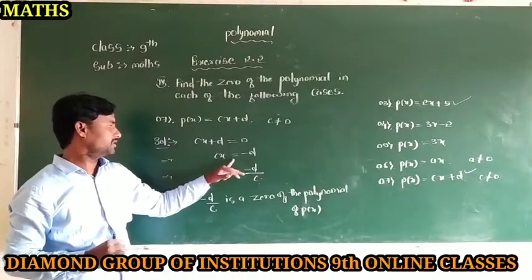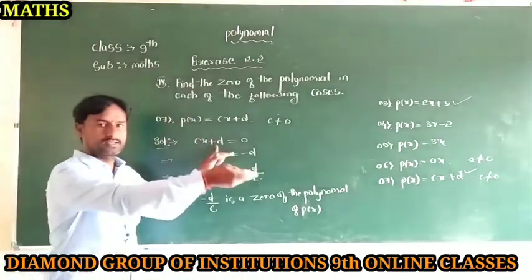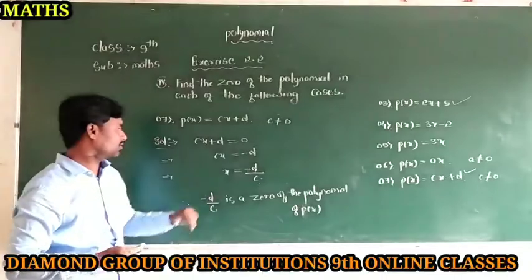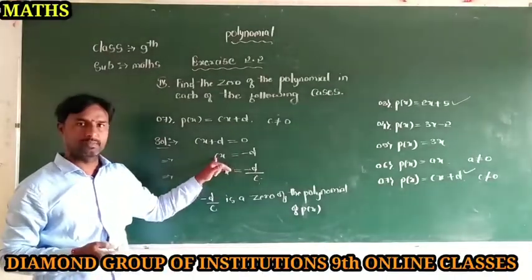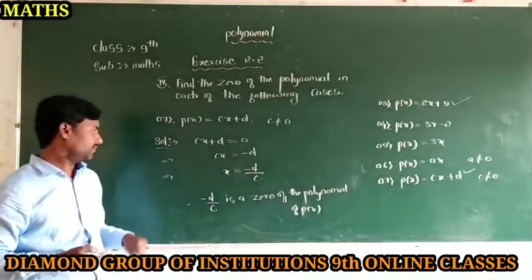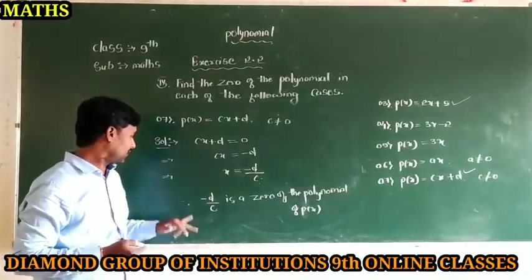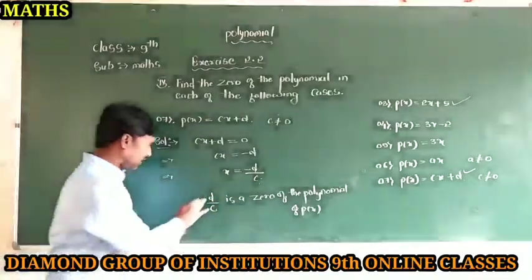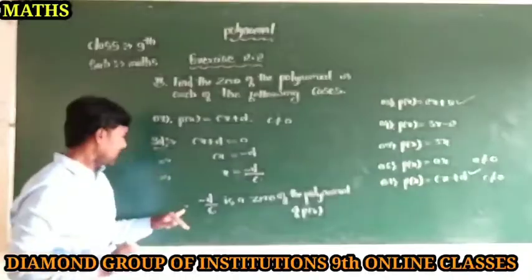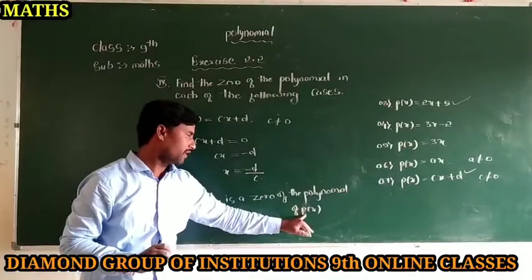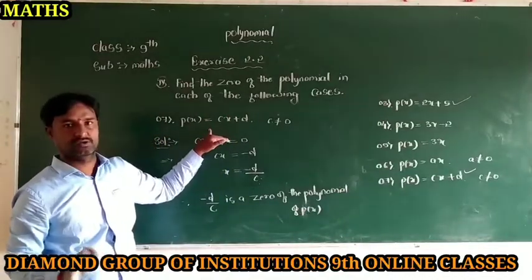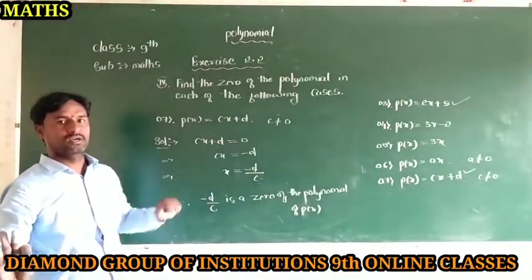So cx is equal to minus d, as d is transferred that side, dear students. X is equal to minus d upon c; this is the multiplication, it becomes a division. So the final answer: therefore minus d upon c is the 0 of the polynomial p of x, dear students. I thought you understood, dear students.